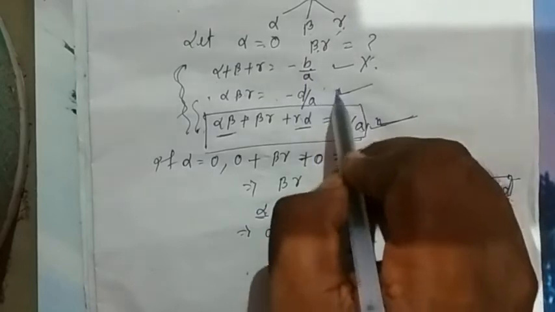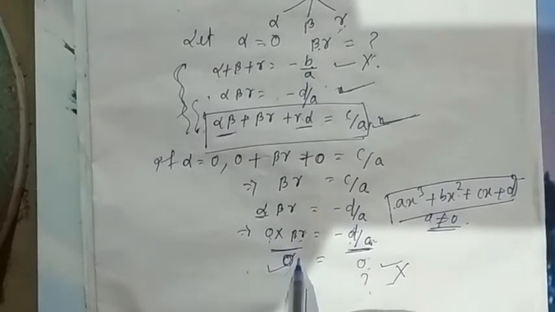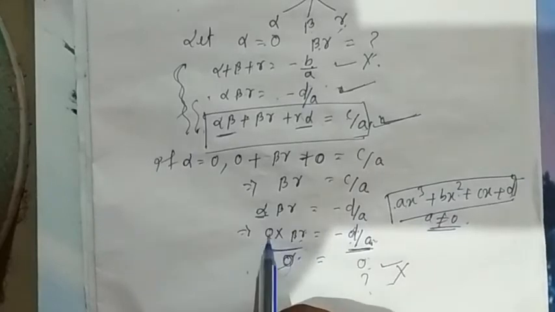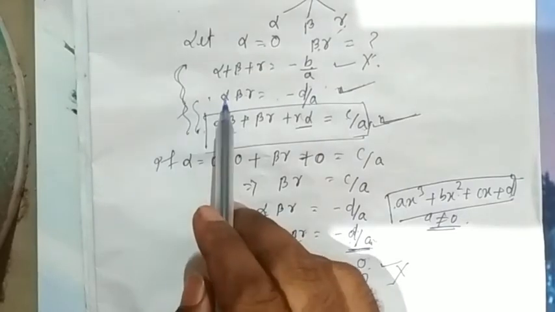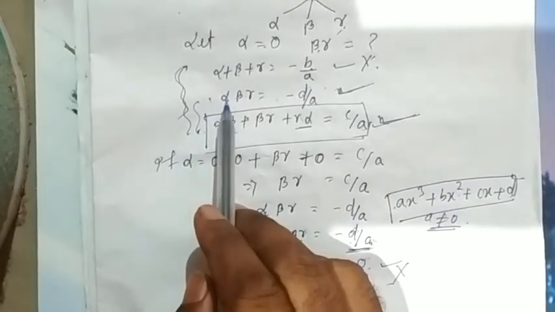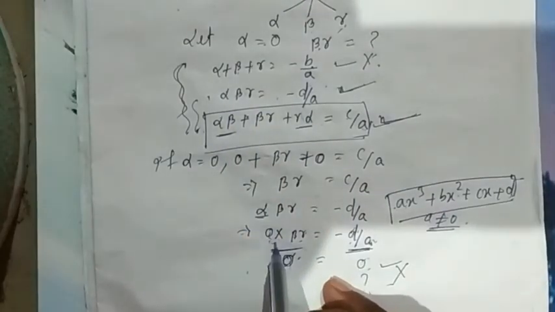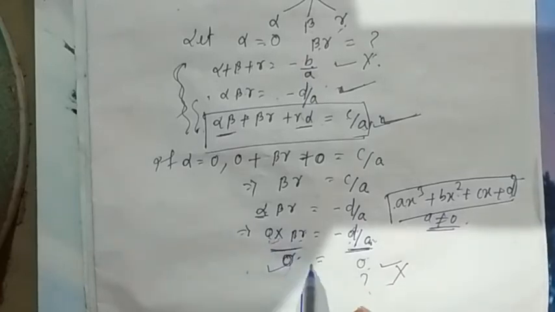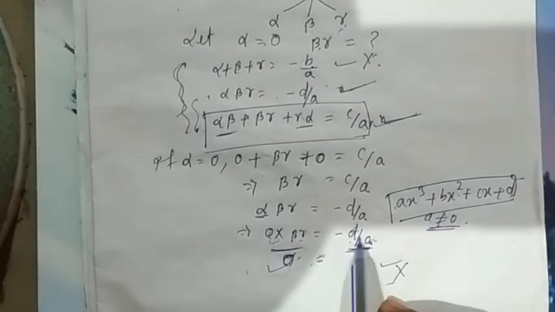If you apply the second condition with alpha value 0, then this condition will not always be satisfied. As I explained here, 0 into beta gamma is 0, which is equal to minus d by a.